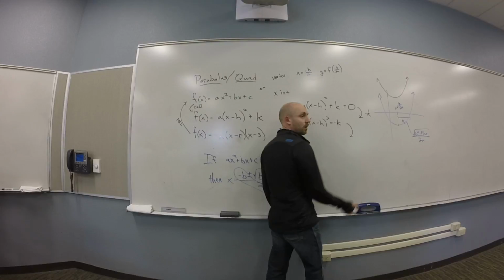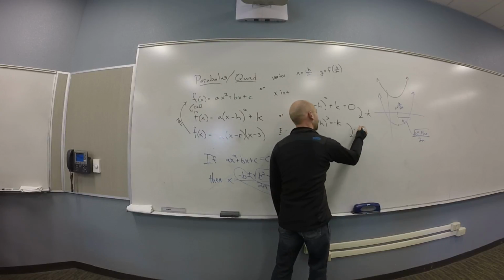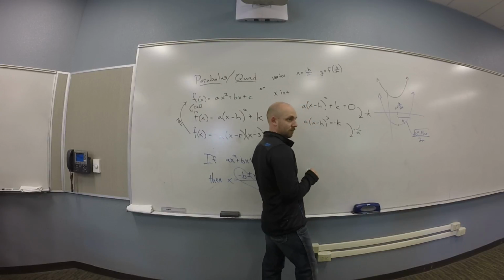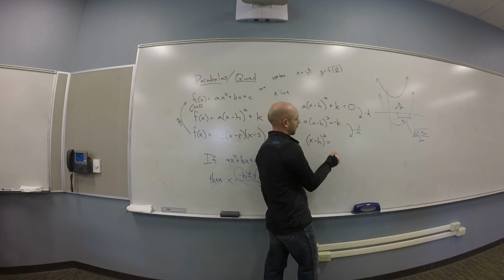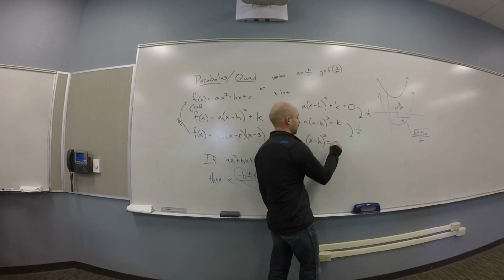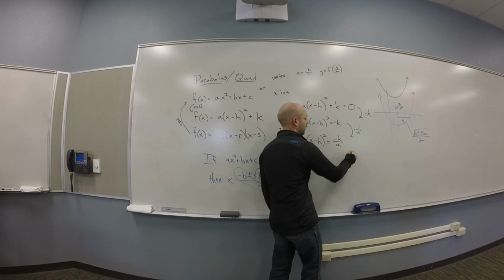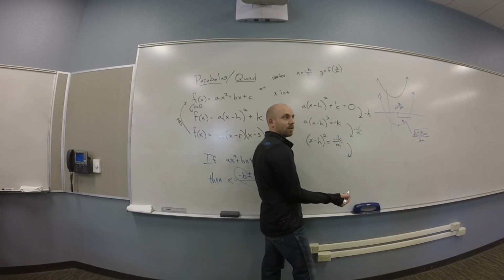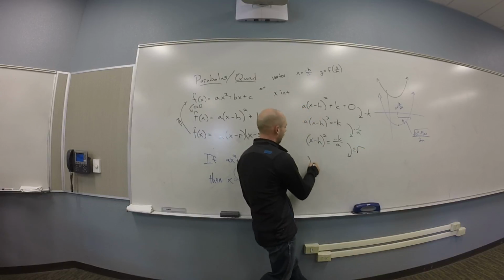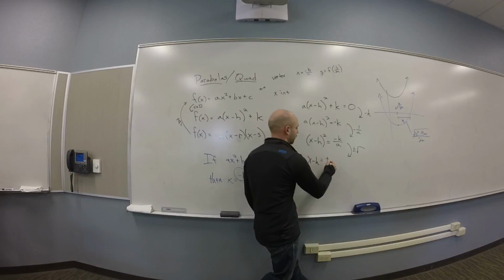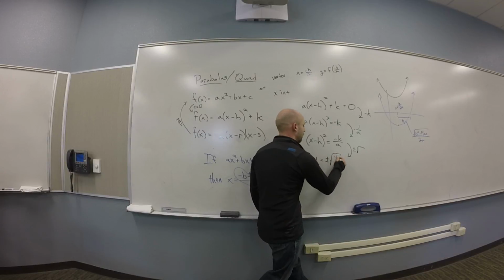Then multiply by 1 over a, so you get x minus h squared is negative k over a. Then square root both sides, plus or minus. So you'll get x minus h is plus or minus the square root of negative k over a.